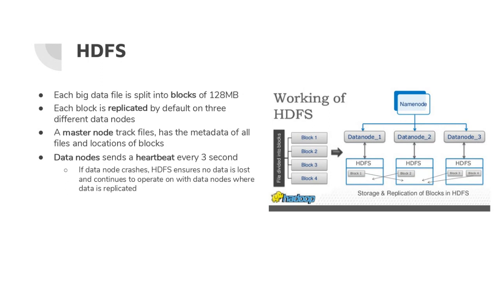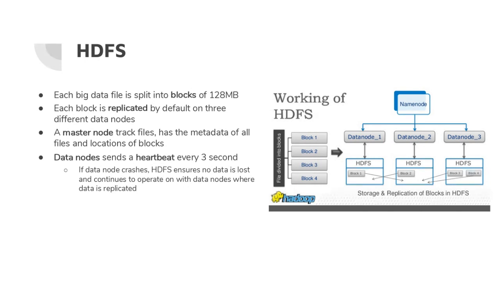And the system works so that if you access a file, it goes to available data nodes and gives you back the file. If then one of the data nodes crashes, that's not a problem. You just get referred to another server where the data is. And if that server later comes back online, or if a new server is added, the system will take care to ensure that that block of data is copied, or some blocks of data are copied, to the new server. And so that's how it works.